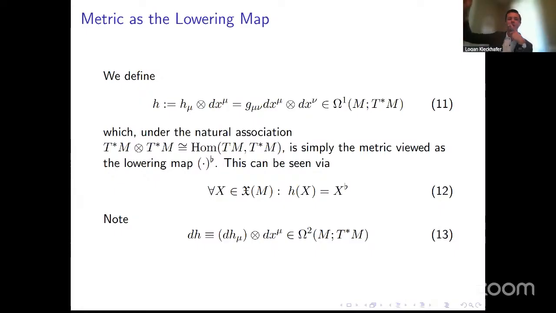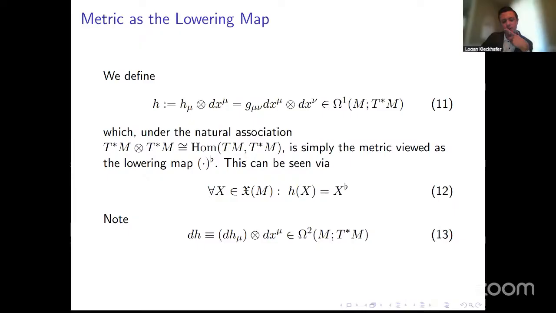This is basically because earlier we had H sub sigma was a one form. What this notation means is we're effectively assembling those together. And H by itself with no index is just a homomorphism from the tangent bundle to the cotangent bundle. In equation 12, I just write that in component form.